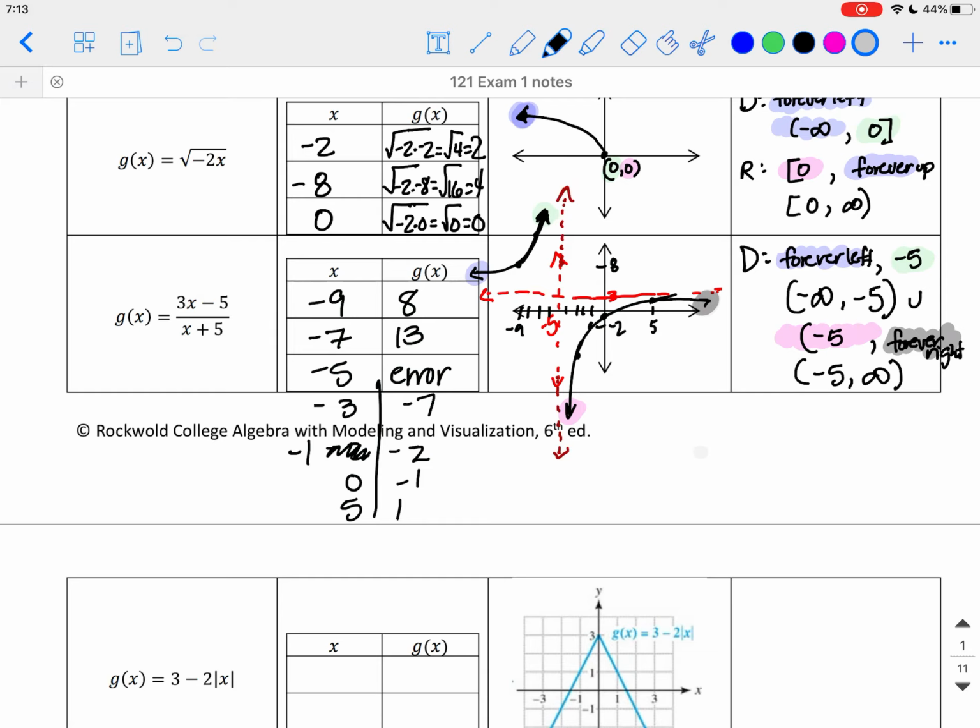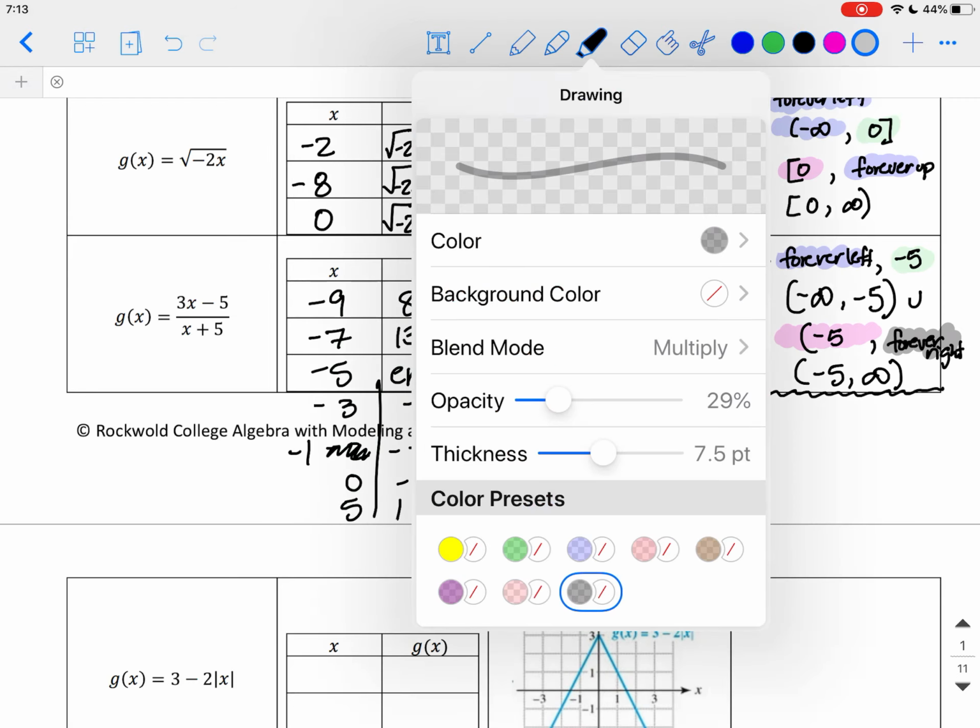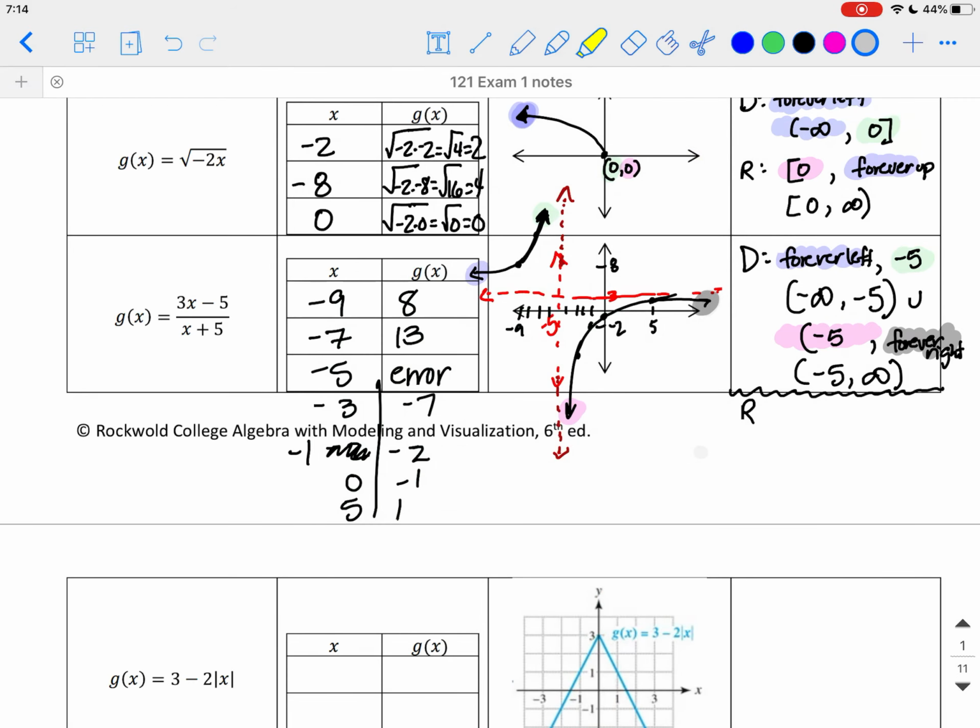Now I ran out of space, but we have here at the bottom. So now that was just for the domain. So after I took up all the space, it's this and this. Now for the range, I'm going to look at the lowest part of the graph.